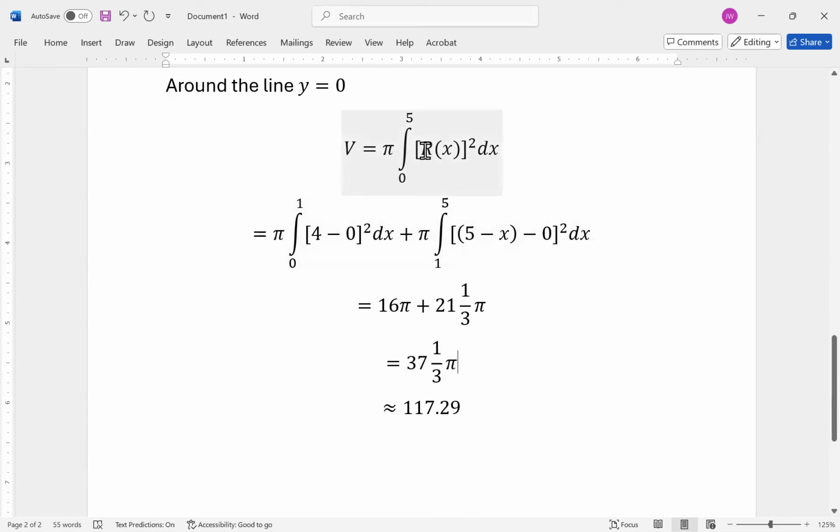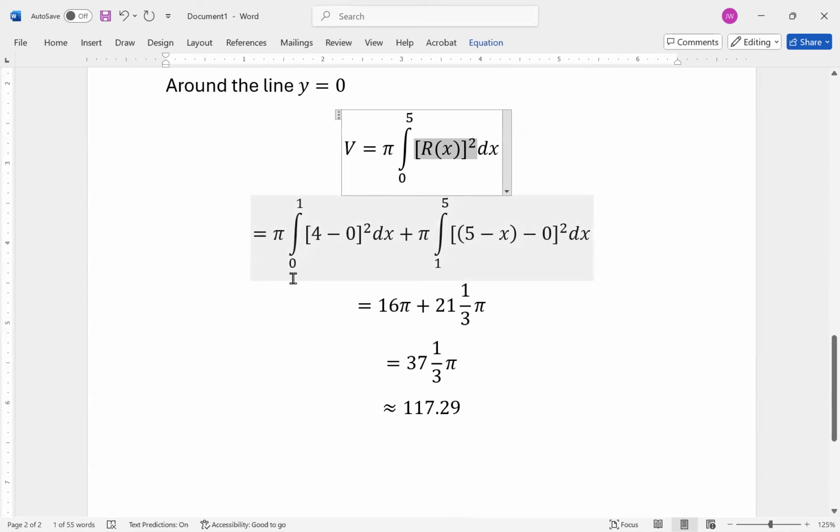So if I can't write our radius function as a single function, in other words, if that radius function, which again is just the length of the rectangles, is piecewise defined, like in this case, then I'm going to take one piece.